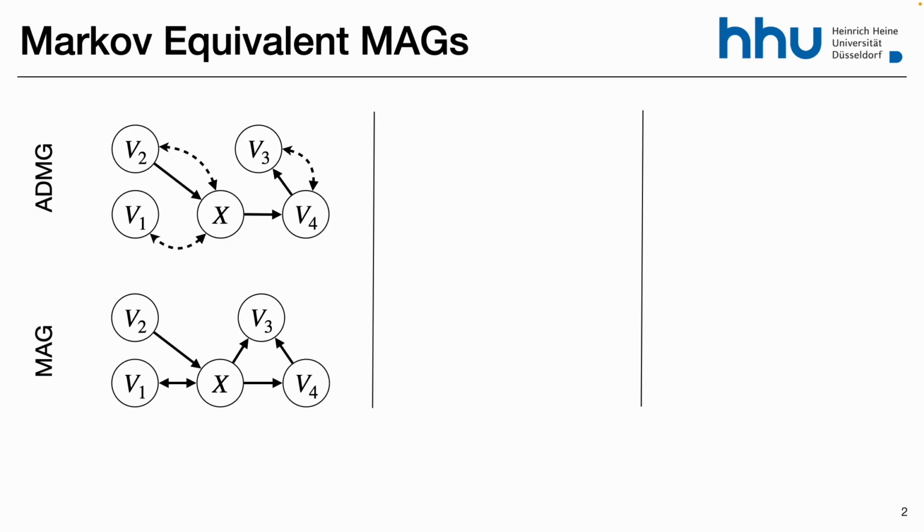Last time I told you that we defined this MAG, right? MAG is maximal ancestral graph, and I told you that some MAGs can be equivalent. They can imply the same set of conditional dependencies. And there is a procedure to move from a causal diagram that's represented by an ADMG to find the MAG.